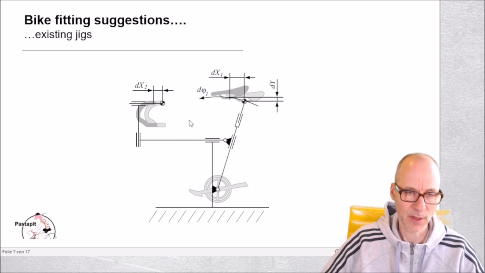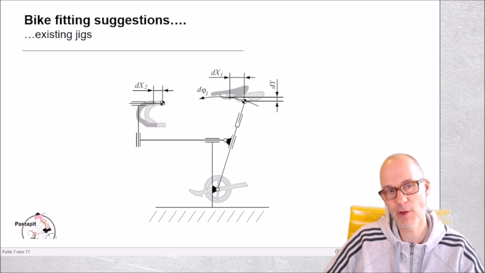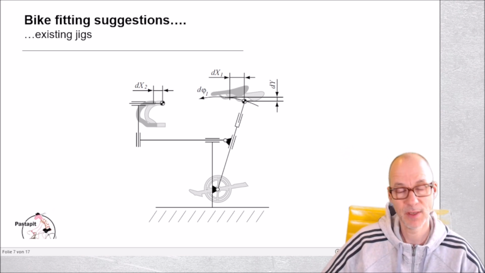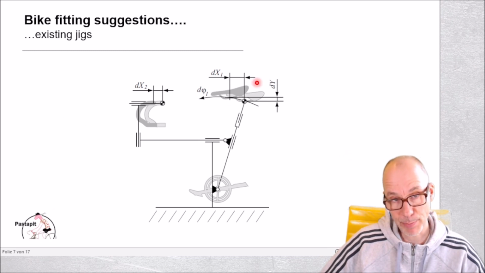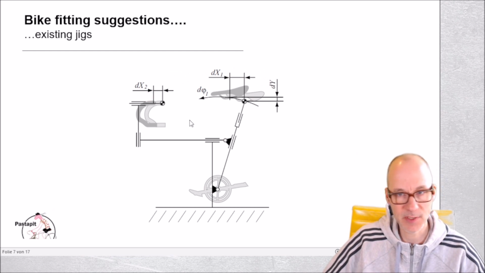That's not really super bad, it's quite a good idea, but it's not perfect, because what happens if you move your saddle up and down? Then you're influencing the legs, the lower body section, and of course you're destroying the upper body section at the same time.